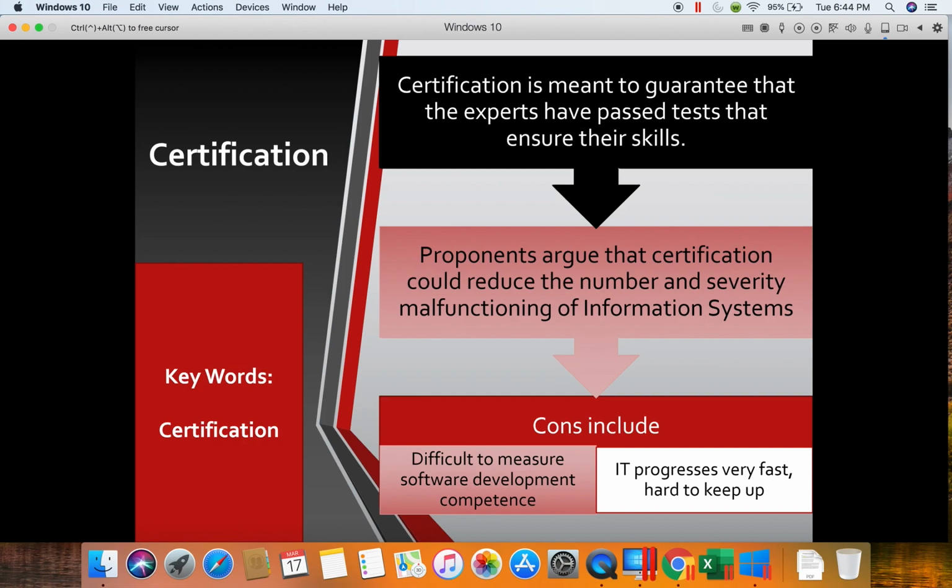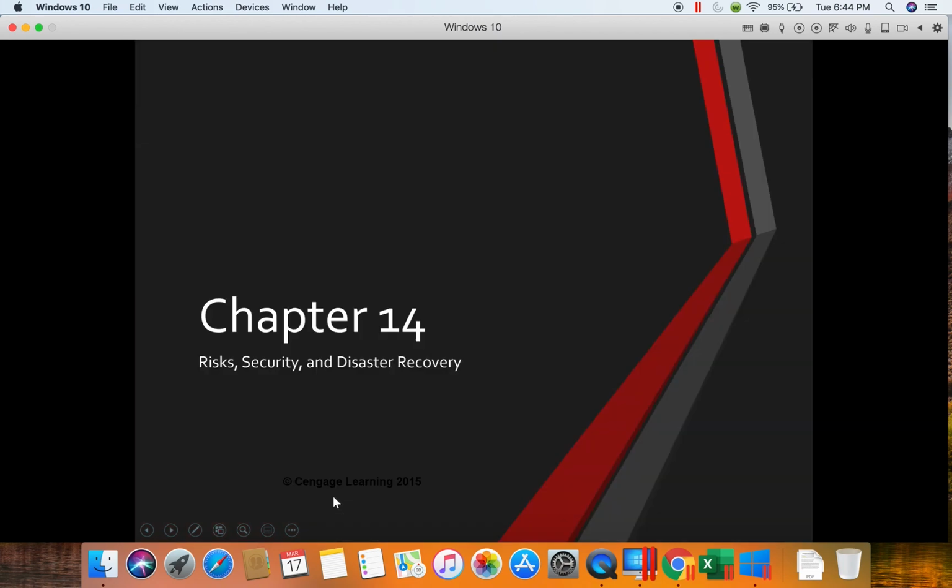So if you felt you wanted to try to take that exam and become certified, then that would be something you could present to show that you had mastered the skills in Excel, and it would make you more marketable to people that were looking for that skill. That ends Module 12.